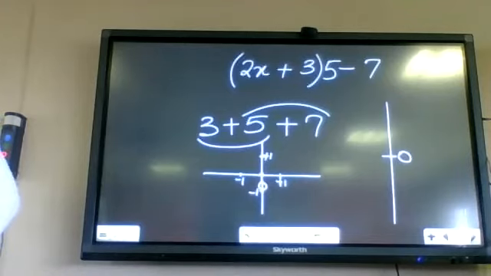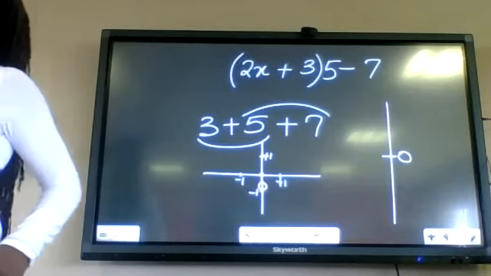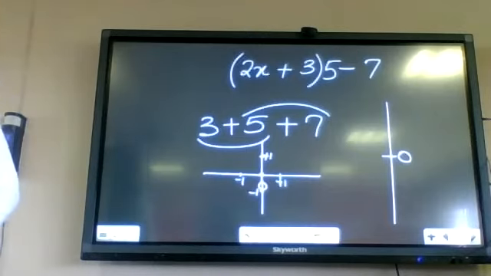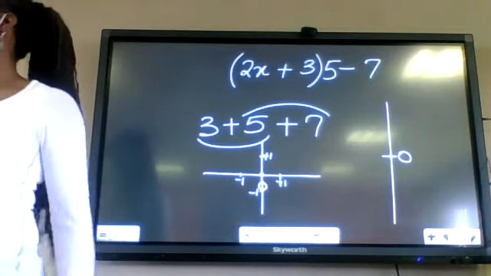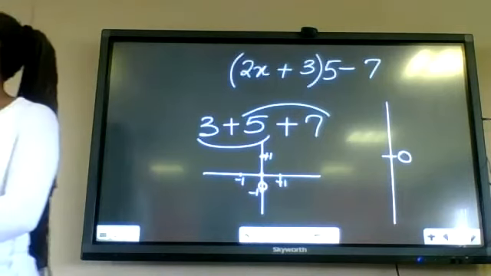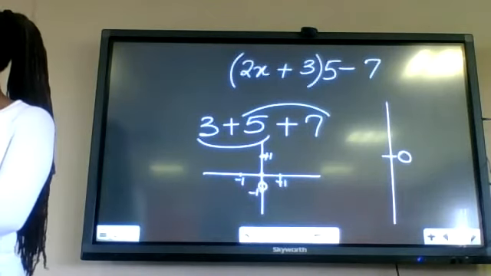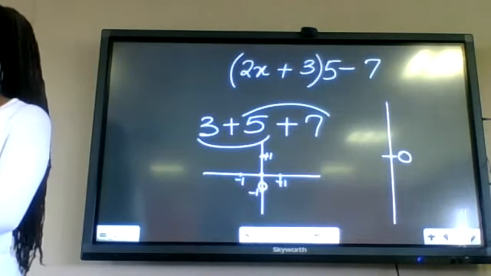So if you are multiplying a number by itself, then your answer will always be positive. I must say that again.